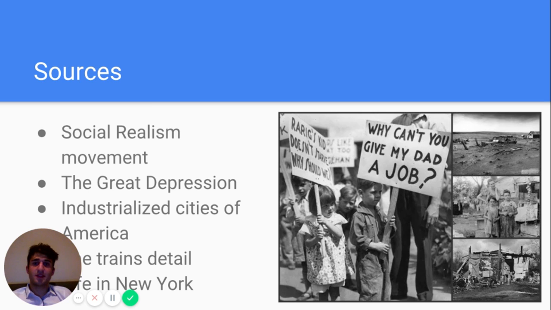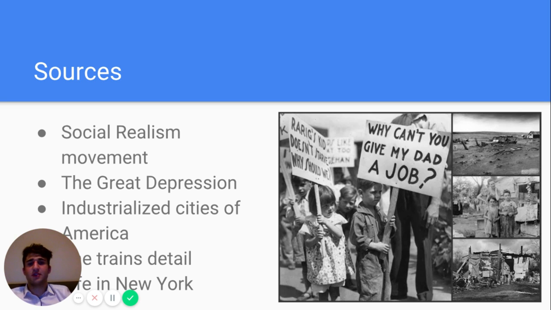And some sources that the author must need in order to paint this painting: one is the social realism movement, which is to paint real things that point out problems in the social and economic conditions, and specifically the Great Depression, which he also needed to know and explore, and the industrialized cities of America.